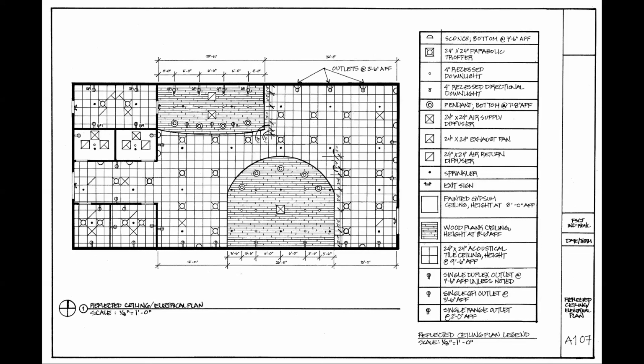One final note, if you do overlay this plan and you can see your furniture underneath it through your vellum, I want to just bring out one final little design point, which is you can see in the main areas, especially over here, that the ceiling treatment and the lighting isn't placed exactly perfectly over the four top tables here.